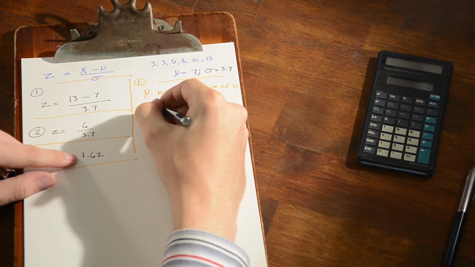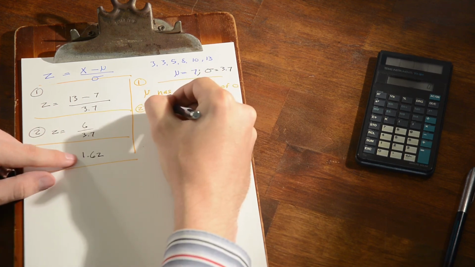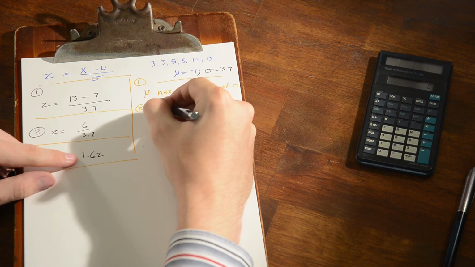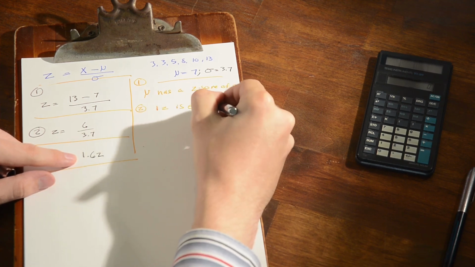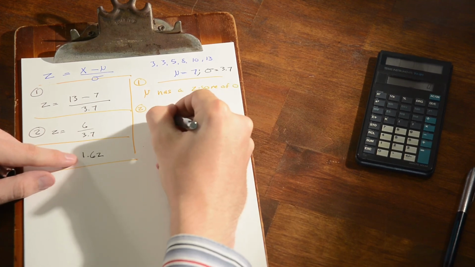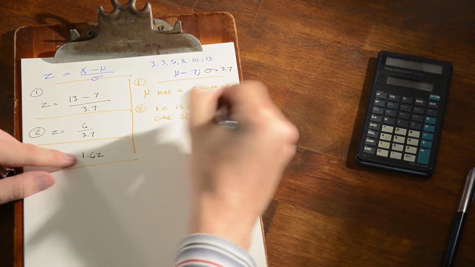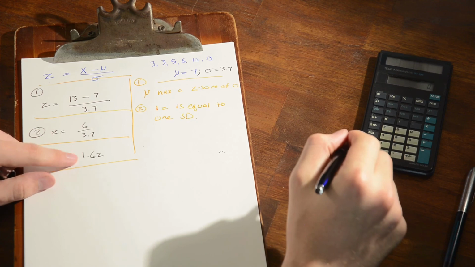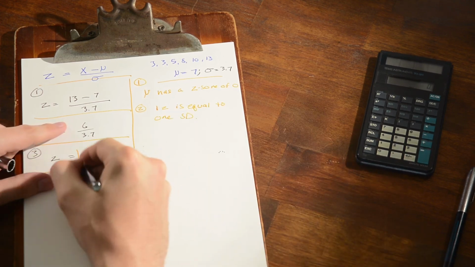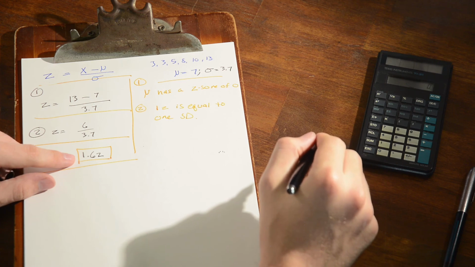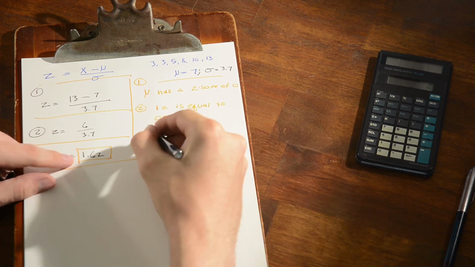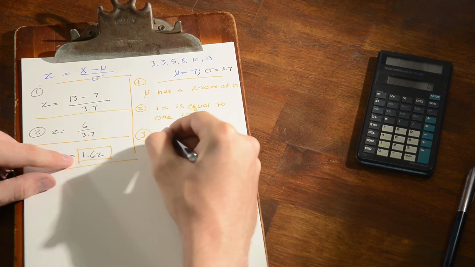So 1 z is equal to 1 standard deviation. We can see from our score of 1.62 that we are over 1.5 standard deviations above the mean. We can tell that because of the positive.